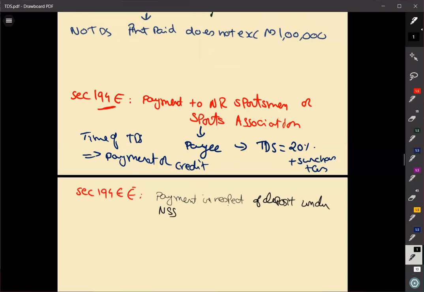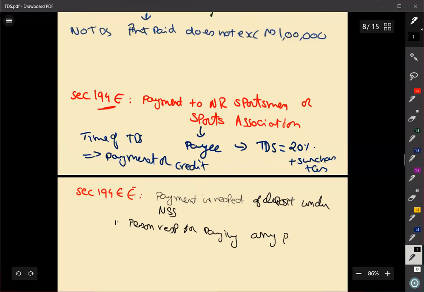Let us see what the point to be considered here is. Any person who is responsible for paying any person, so here the payee can be any person, an amount from the National Savings Scheme in accordance with section 80CCA.